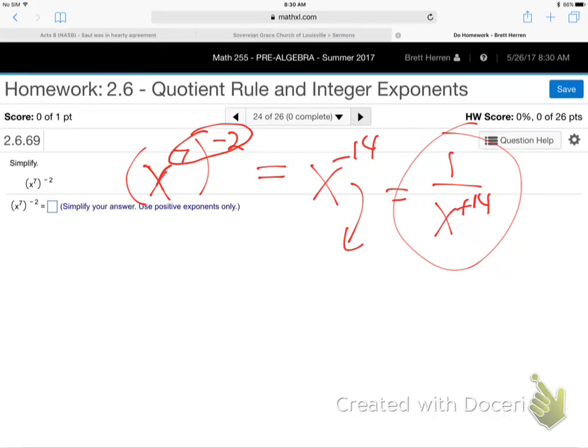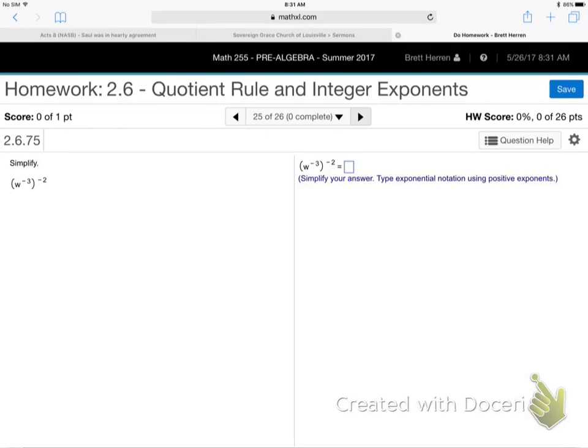All right. Okay, w to the minus 3 to the minus 2. Try that one. So same kind of thing. Powers outside parentheses, powers inside parentheses.